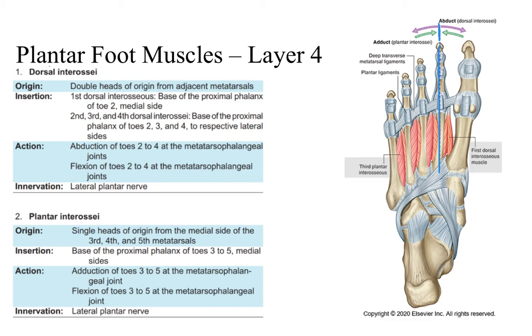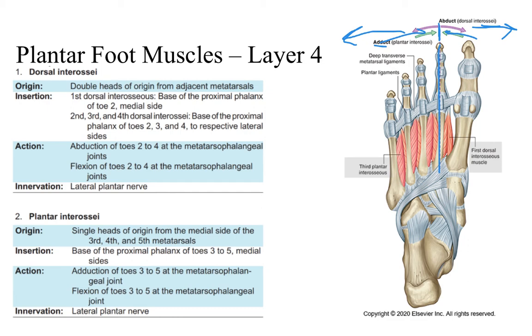So abduction is away from toe 2 of the first toe right here, and then abduction of toes 3, 4, and 5 away from the second toe. All right, and then when we add them back, adduction, of course, that would be going back towards the midline. All right, so what are the muscles here?